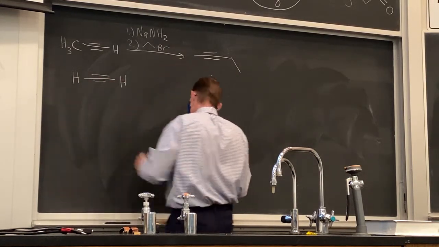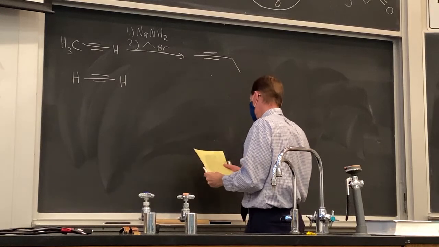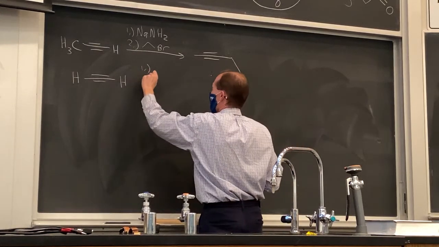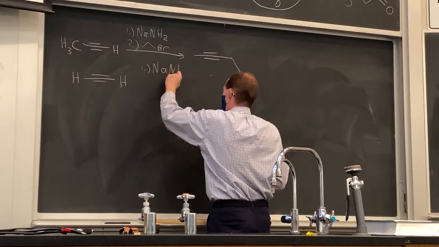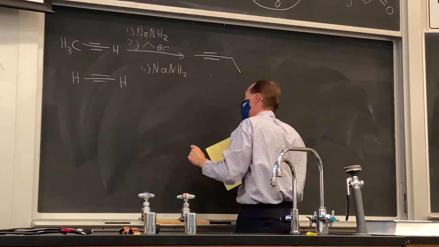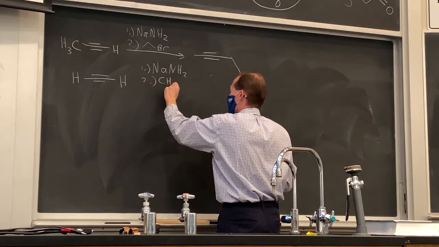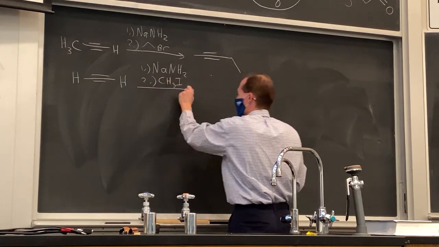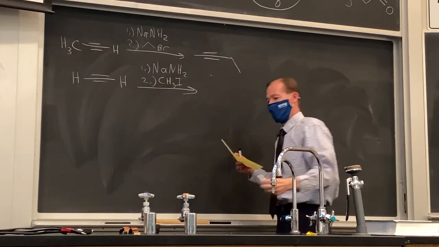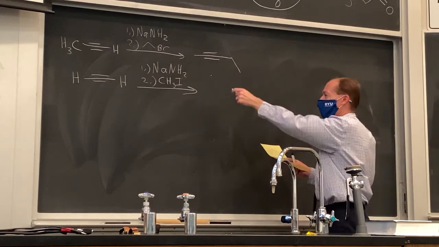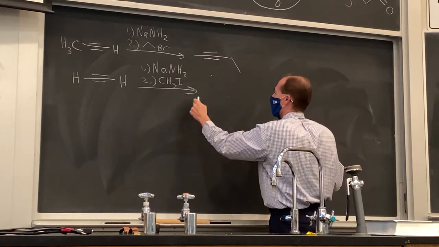Okay, and if we used acetylene, then we could do 2 consecutive acetylide ion alkylations. We could deprotonate with sodium amide. We can add a primary or a methyl halide, right? Iodomethane would work.